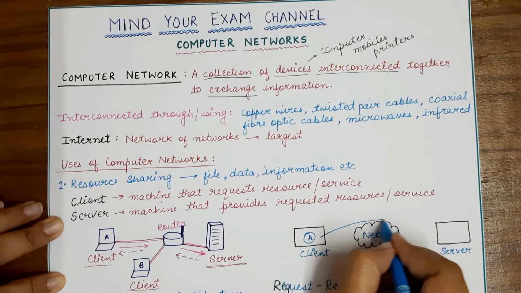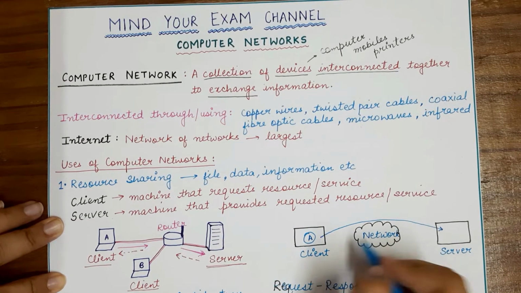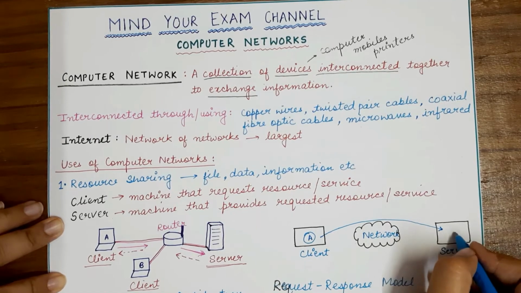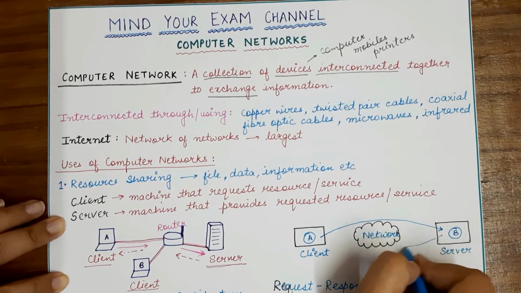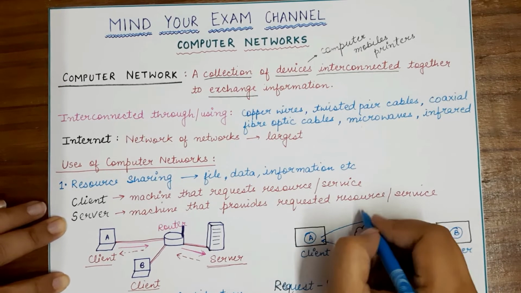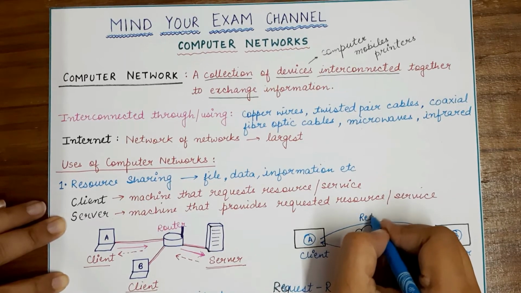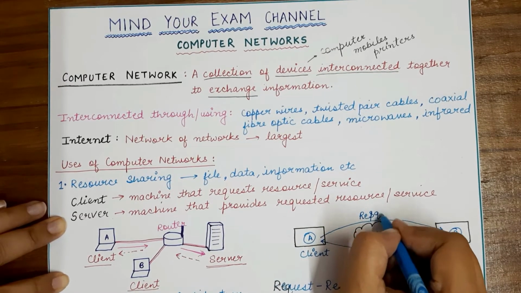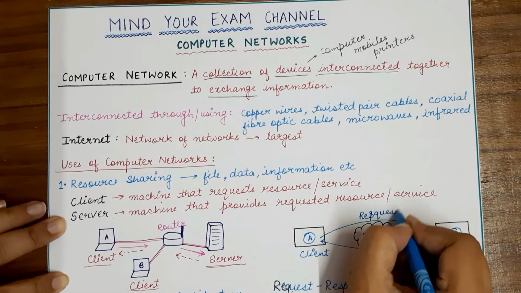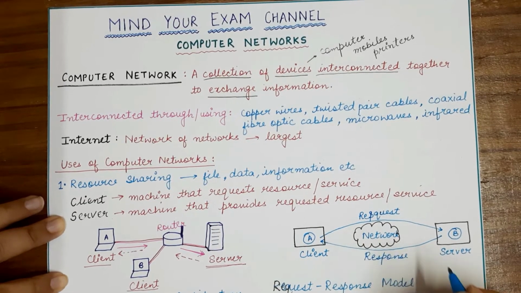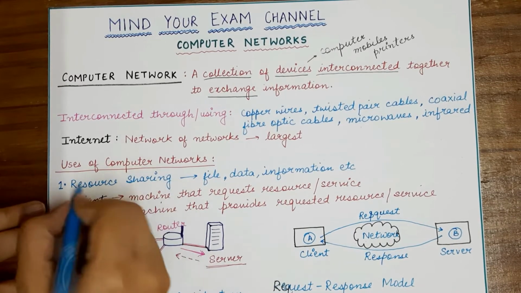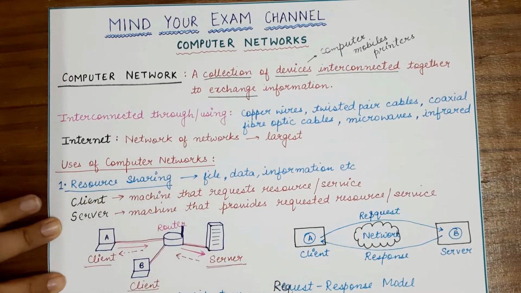The client sends the request to the server where some process is running, and when that process receives the request, it will send back a reply to the client. Again, this request response will go through the network through which the client and server are connected. So this is one of the most important uses of a computer network, resource sharing.